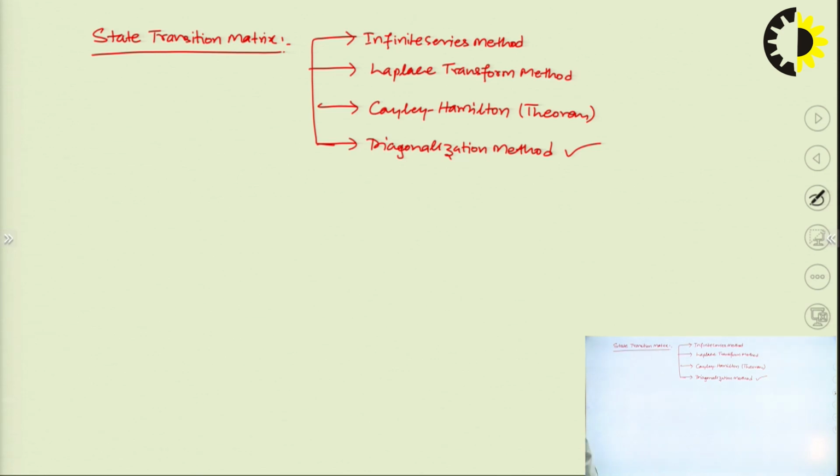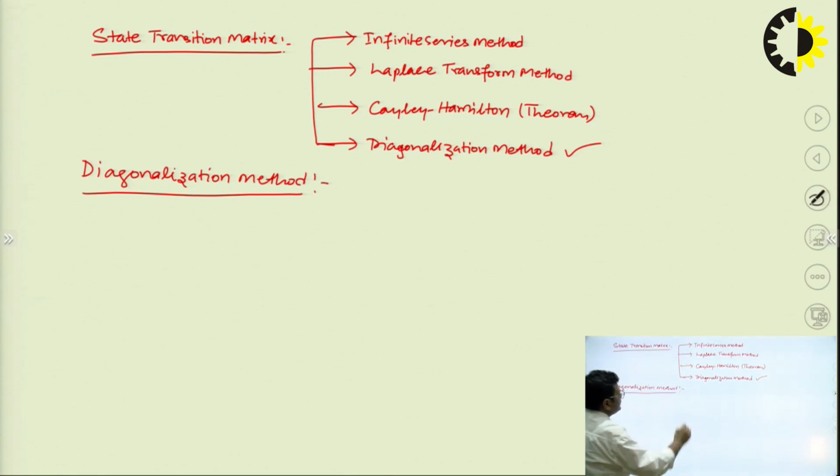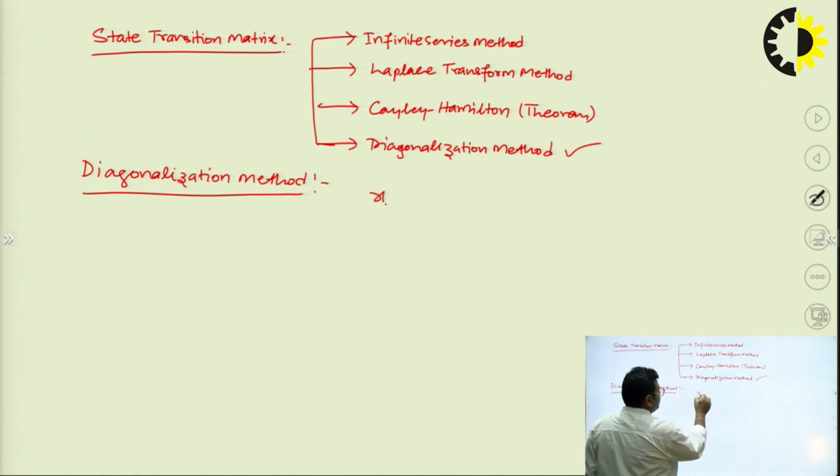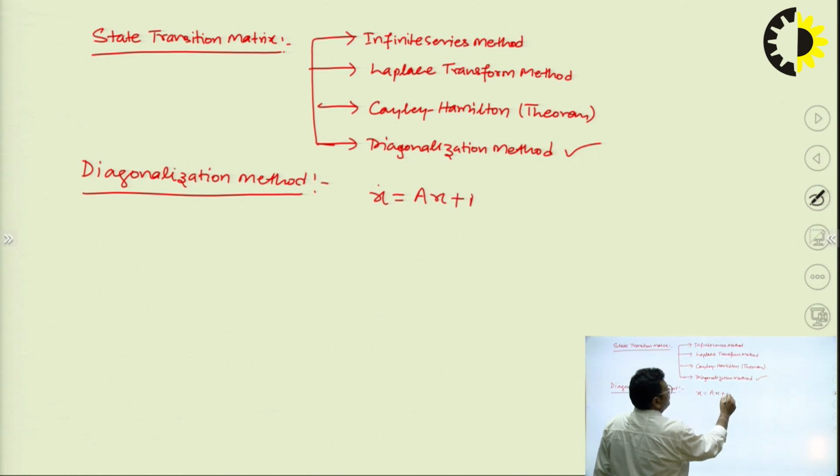Okay, so we will discuss the diagonalization method to find the STM or state transition matrix. We can apply this method if the matrix A is diagonal, because the state equation will always be in the form x dot equals Ax plus Bu, and the output equation will be y equals Cx plus Du.